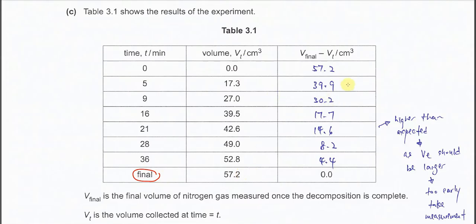After that, you do this part: use the final volume minus the VT. The first one is 57.2 minus 0, so you get back the same value. Second, you use 57.2 minus 17.3, and you get this. Do the same calculation, then you can get all these values.